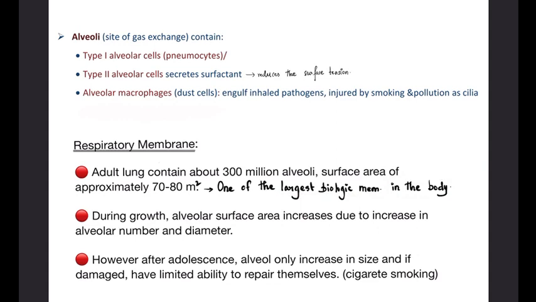Next, during growth, alveolar surface area increases due to increase in alveolar number and diameter. However, after adolescence, alveoli only increase in size, and if damaged, have limited ability to repair themselves. Please for my sake or for your sake or for your girlfriend's sake, stop smoking.